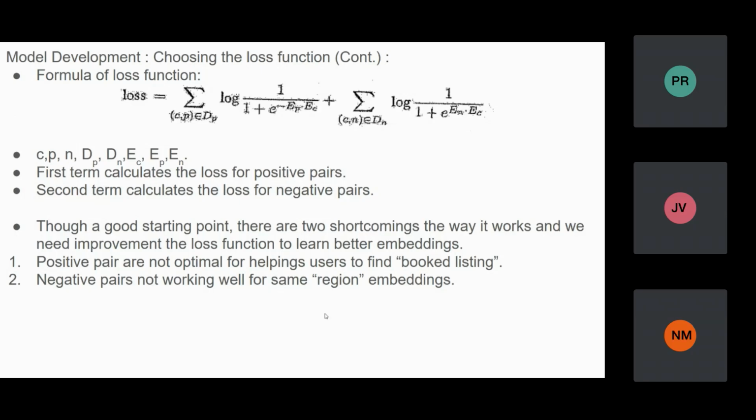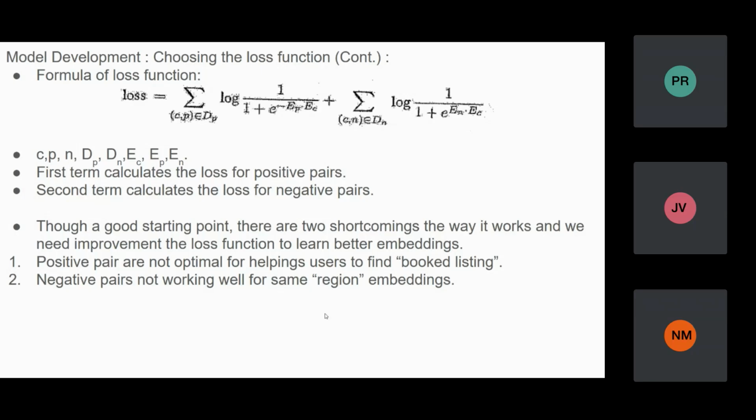And the negative pairs are not working well for the same reasons. As you remember, a negative listing was randomly sampled for creating the negative pair, but negative pairs for the same region were not working efficiently.